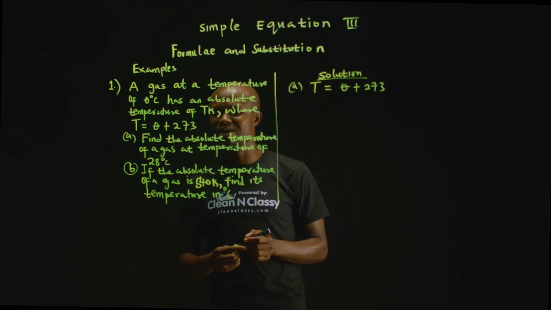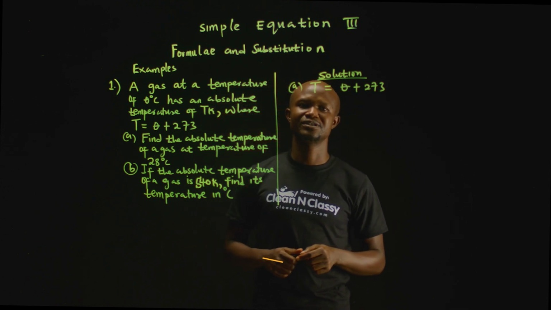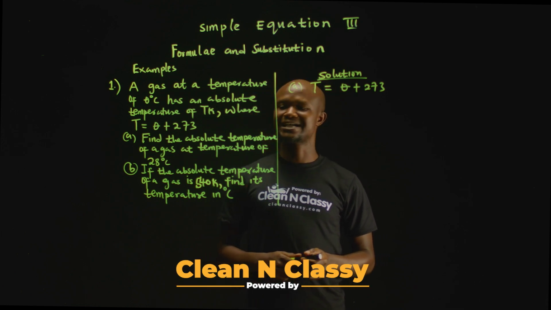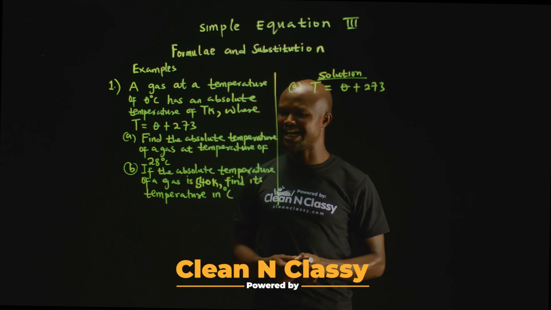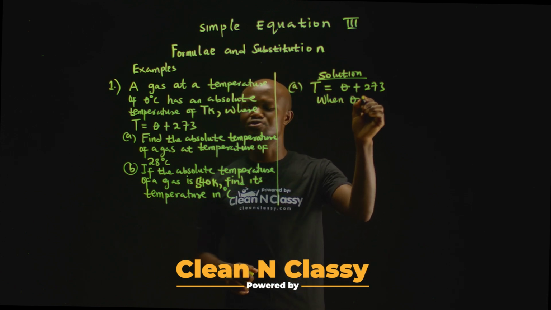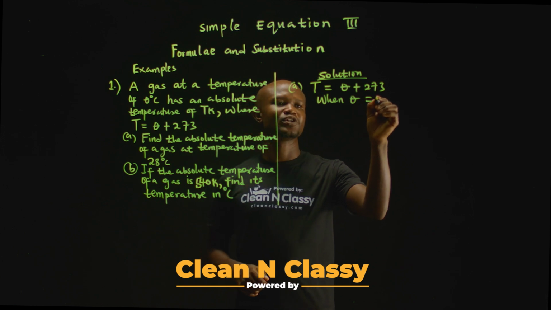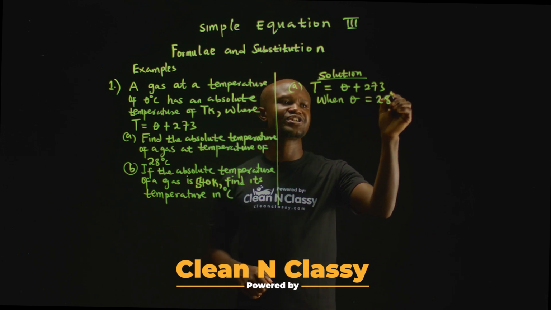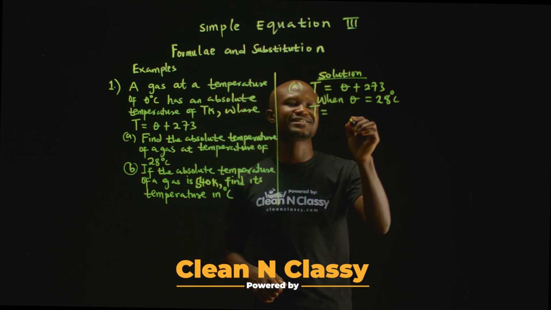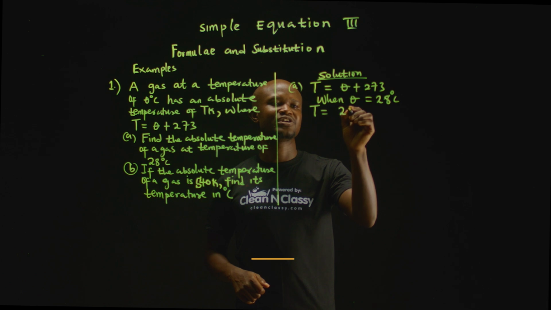Now in this question, we are to find the absolute temperature, and T represents absolute temperature. That is, we are to find T when theta equals 28 degrees Celsius. So T will be equal to what? Anywhere we see theta, we'll put 28.